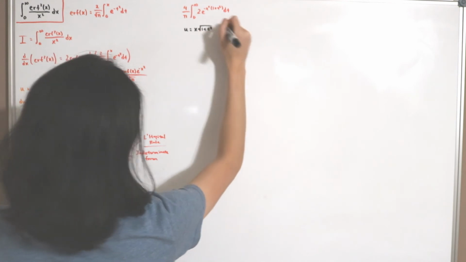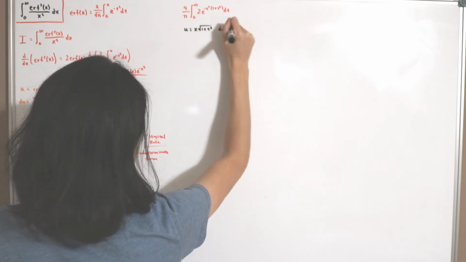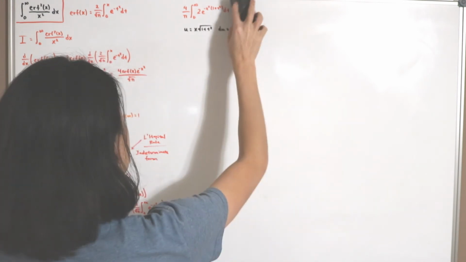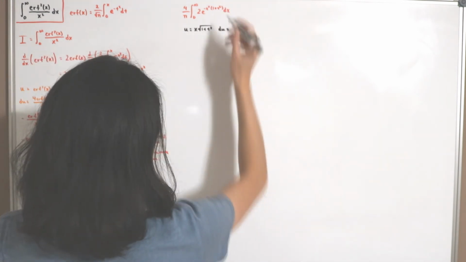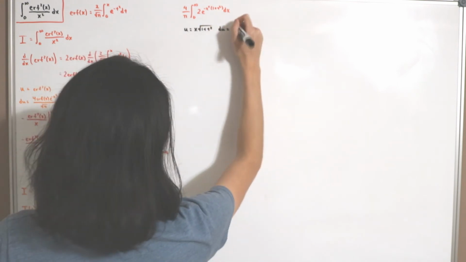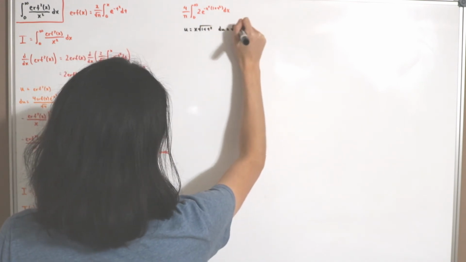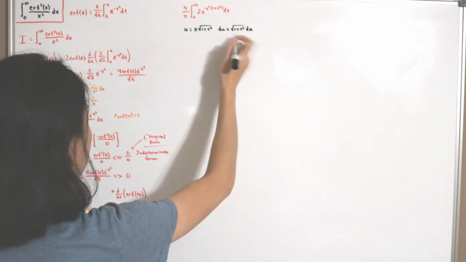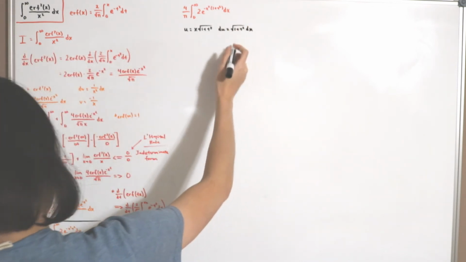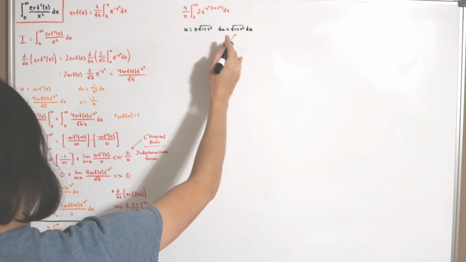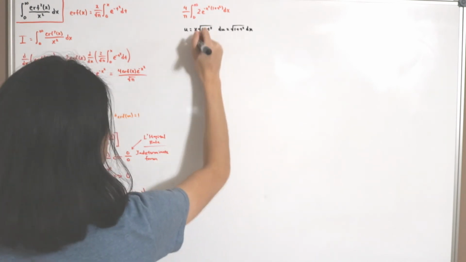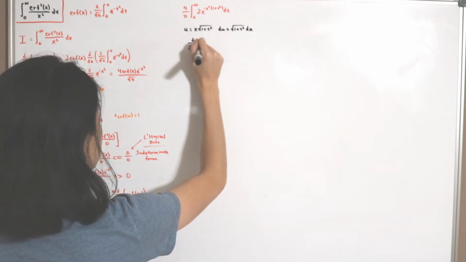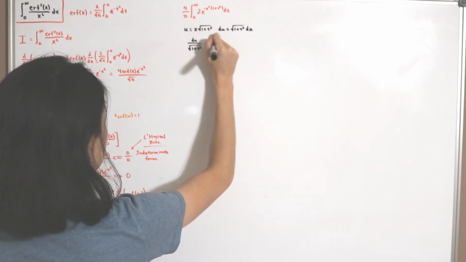Then du is equal to, and we're differentiating this with respect to x, the square root of 1 plus t squared dx. I'll divide both sides by the square root of 1 plus t squared, so that du divided by square root of 1 plus t squared is equal to dx.